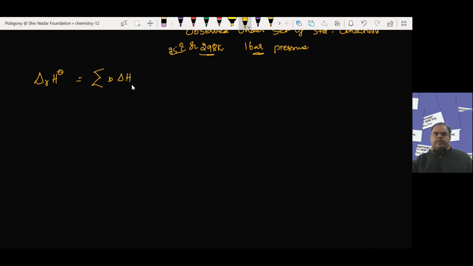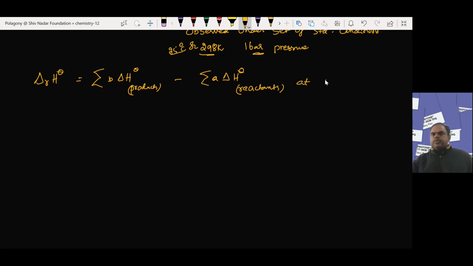So delta H of the products minus sigma a, the coefficient, times delta H of the reactants. So we should consider the standard values of the products. The difference between the standard enthalpies of formation of products minus the standard enthalpies of formation of the reactants is said to be the standard enthalpy of a reaction.